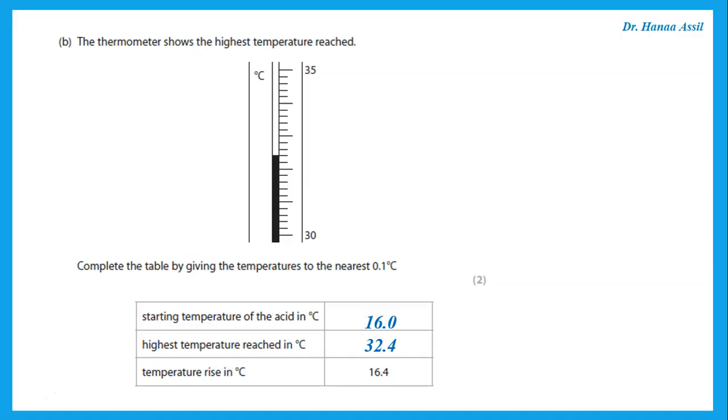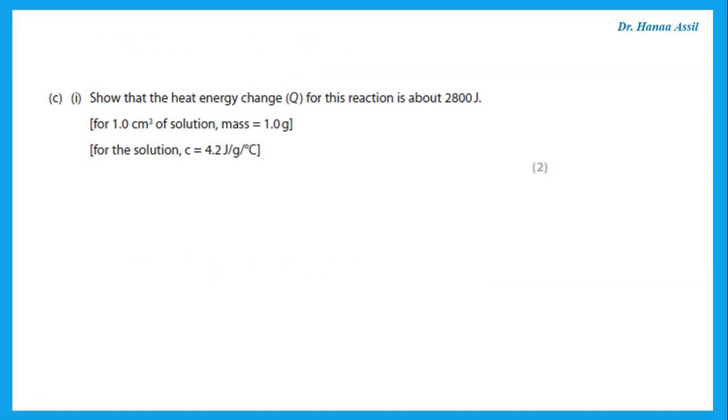Well, the starting temperature was 16.0, so that it went up to 32.4 and the difference between them is 16.4. Do you know how that was obtained? You subtract the 16.4 from the 32.4 and you get the starting temperature.